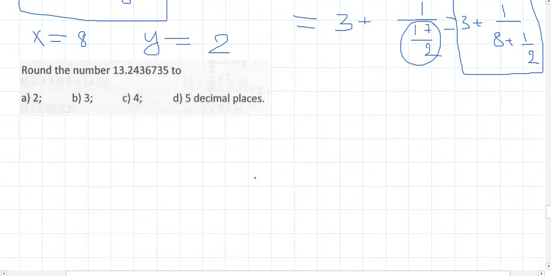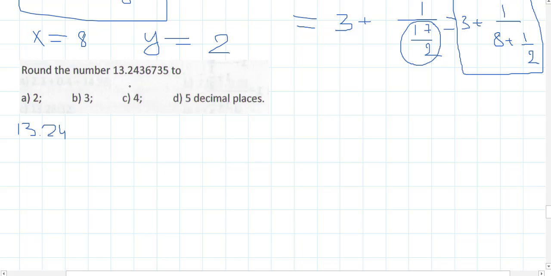Okay, now round the number to 2 decimal places, 5 decimal places, 4, 3 decimal places. So 30.2, if we want to round to 2 decimal places, it will be 2, 4, and after 4 it is 3, which is less than 5, and it will be rounded down, and it is just 30.24.